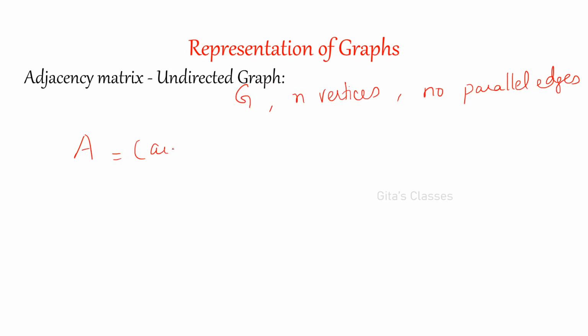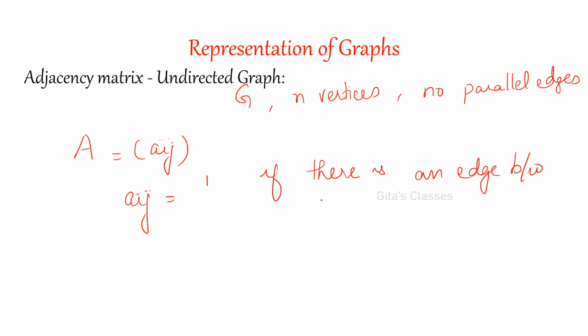It is denoted by Aij, whose elements are given by Aij is equal to, very simple, 1 if there is an edge between the ith and jth vertices, and 0 if there is no edge between them.